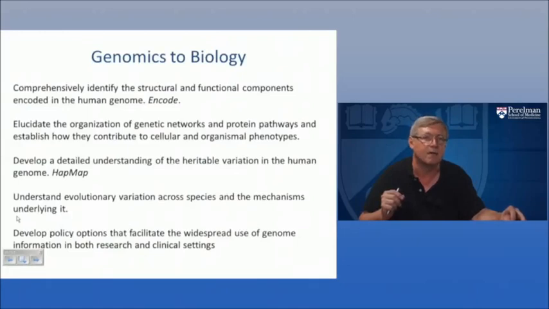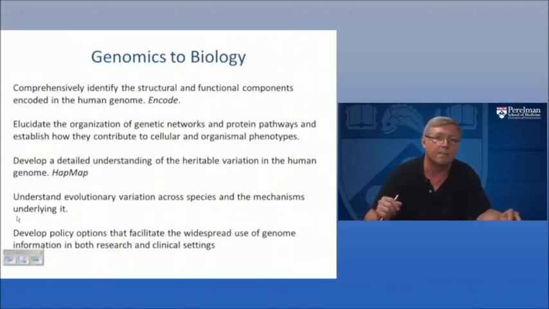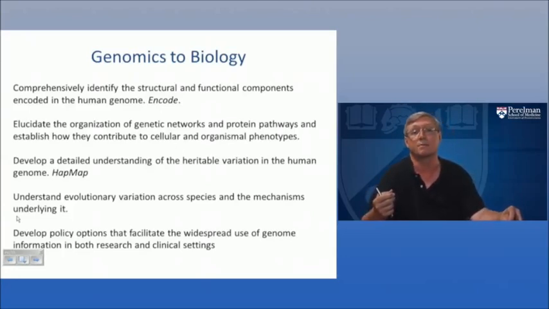And some of the ideas at the end of the Human Genome Project included an effort to identify all of the functional components of the human genome, and this was known as the ENCODE project, and it's still ongoing, in fact. And I'll also discuss some of these large-scale genomics projects in an upcoming lecture.